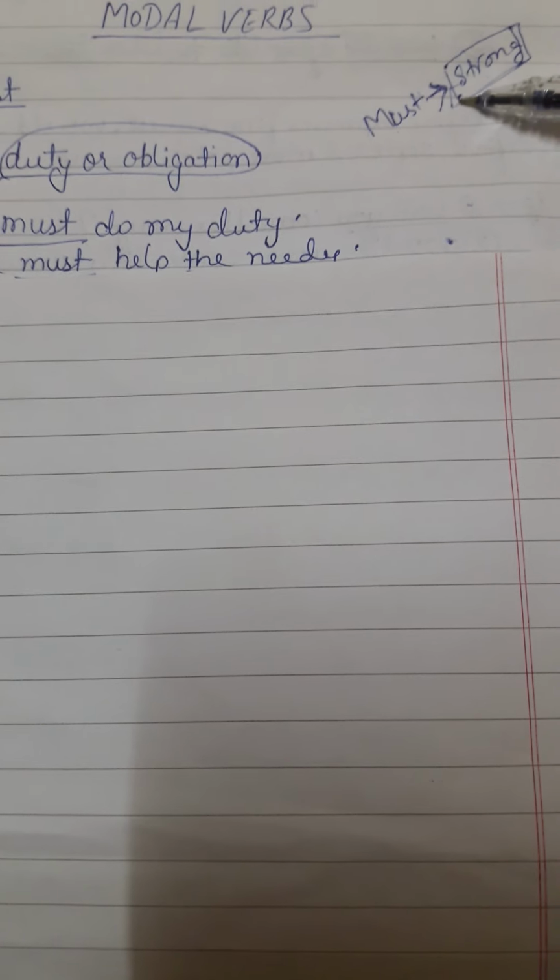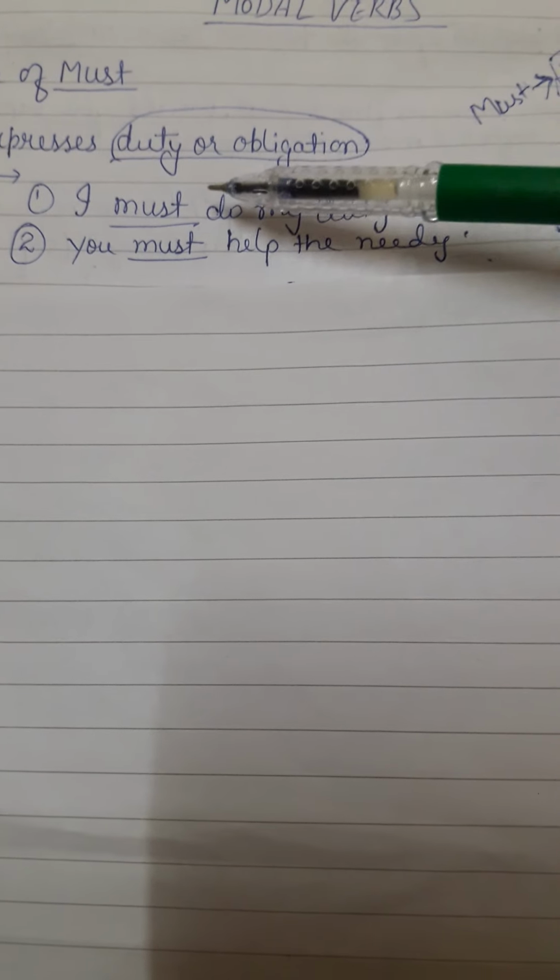So one thing I can say, whenever you see must in any sentence, you can conclude that it is indicating a strong sense of something. In these two sentences, you are seeing that duty or obligation is being expressed. As I've already told you, if I'm saying I must do my duty, it means I'm feeling a strong sense of duty.